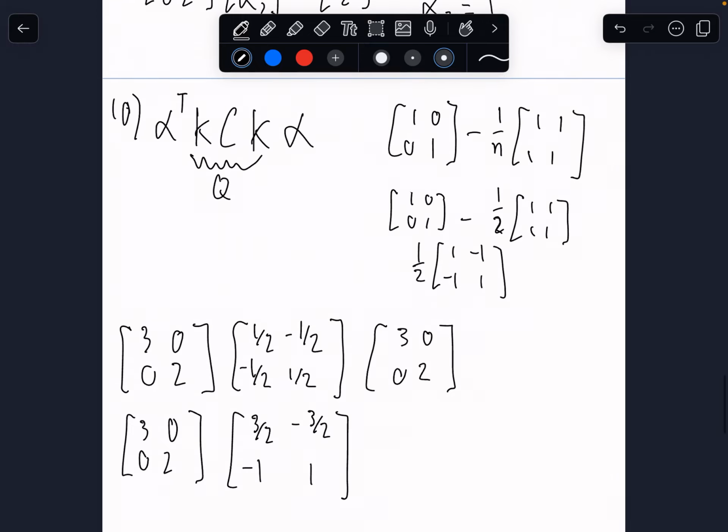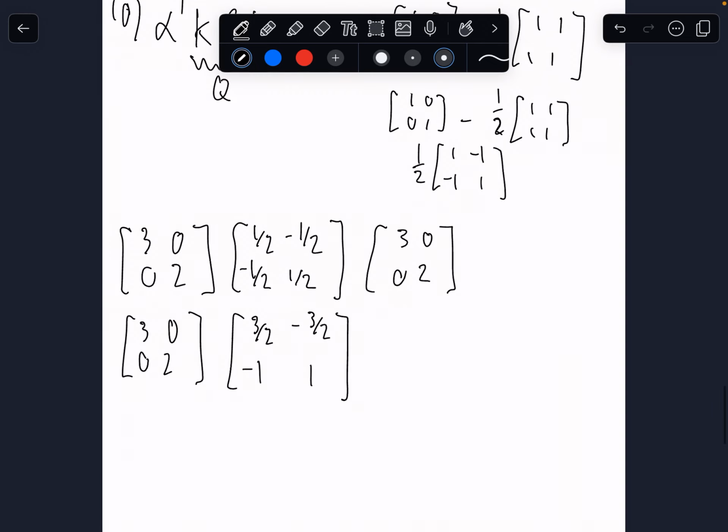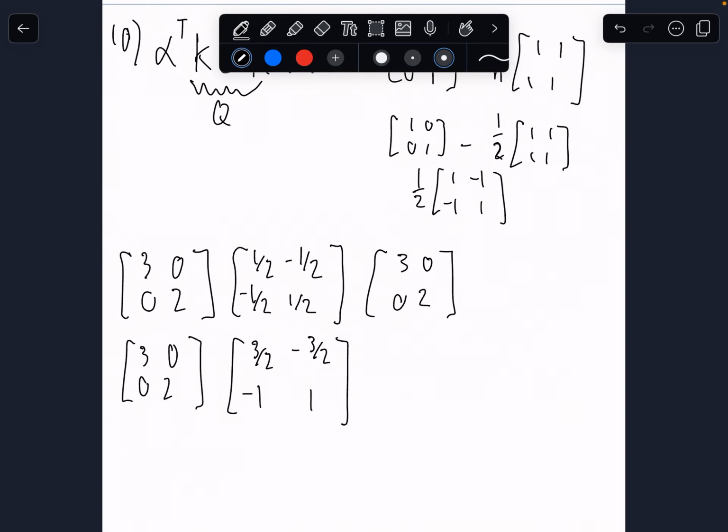And then we do another round of multiplication. So, oh boy, 9 over 2, -3, -3, 2. Okay? So this is Q.